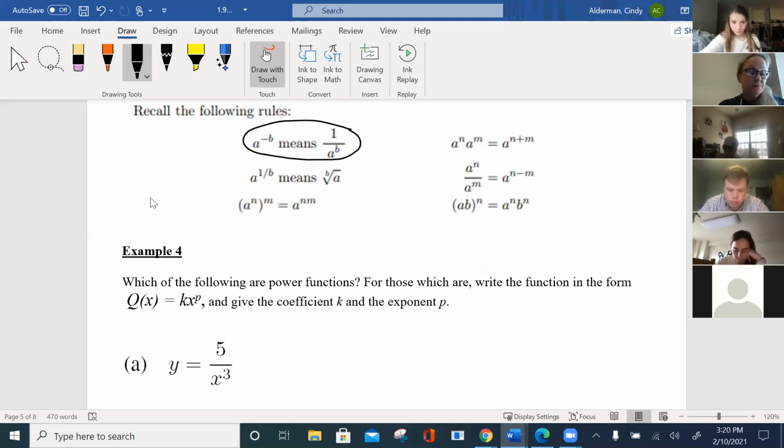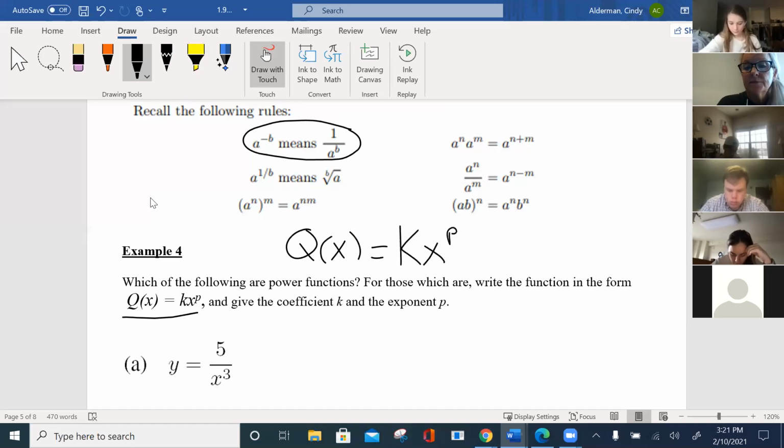All right, so remember, a power function is a function that can be written as some constant times x to the p power. Same thing as what I was saying before, just using different variables, and you'll see that they do this.